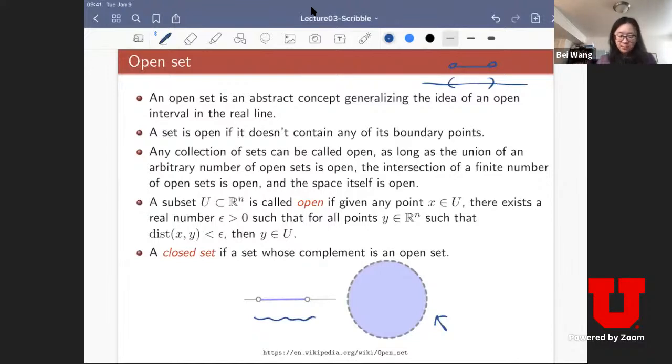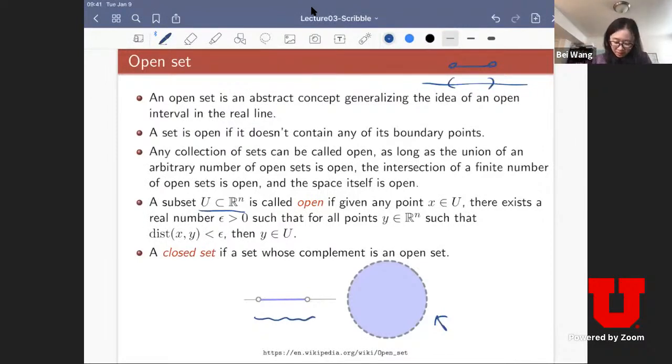Sometimes the most widely used version is this: I have a subset of a Euclidean space in n dimensions. A subset is open if, given any point in the set, there exists a real number epsilon such that every point in the space within distance less than epsilon is in this set. So what does this mean?